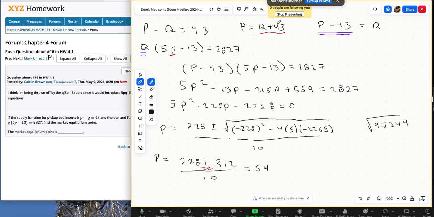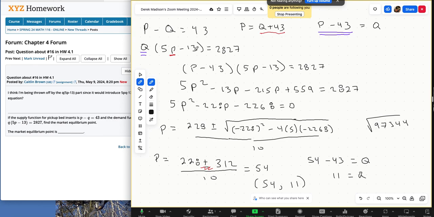I know P and I'm looking for Q. So I should be putting it into this one. Sorry, I grabbed the wrong equation there. So P is 54 minus 43, and that will equal Q, and then 11 equals Q. So our P came out to 54, and our Q came out to 11.